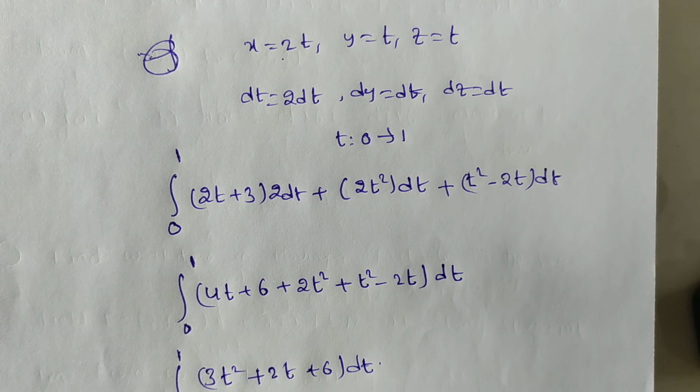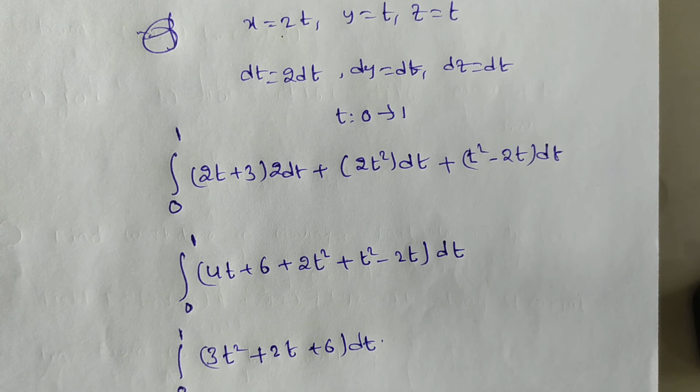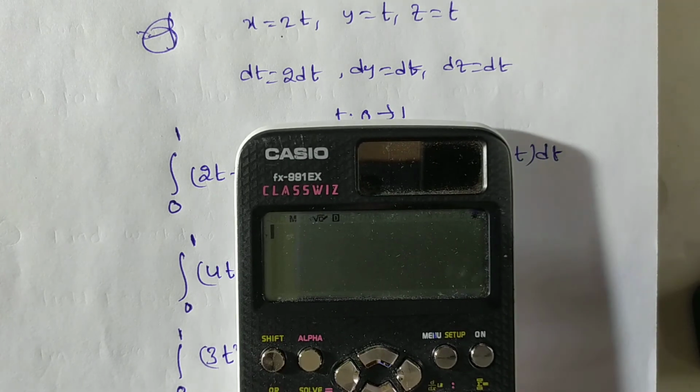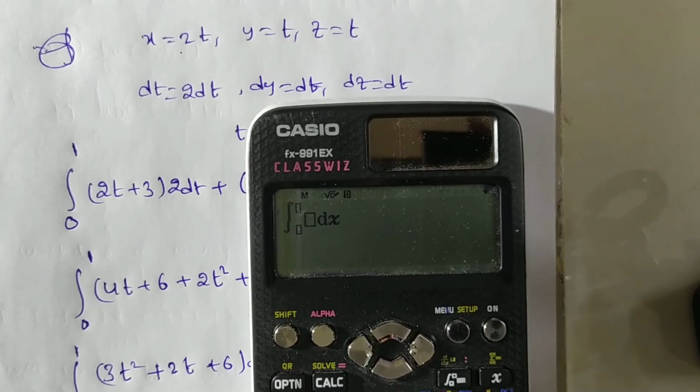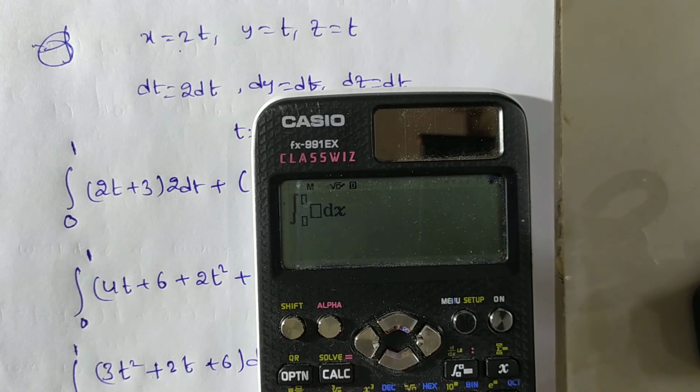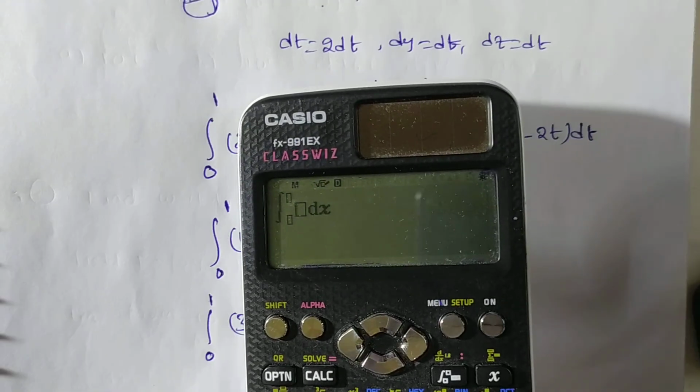Friends, remember, if this is given in a theoretical exam, then you have to do it completely. Suppose it is given in an objective exam, you can do it directly by using the calculator. I am explaining how you can do it in the calculator: integral of, here what they gave, limits from 0 to 1, 3t square. So in terms of x I am doing here, because in the calculator we have only the x variable.